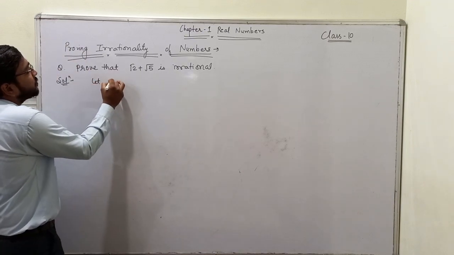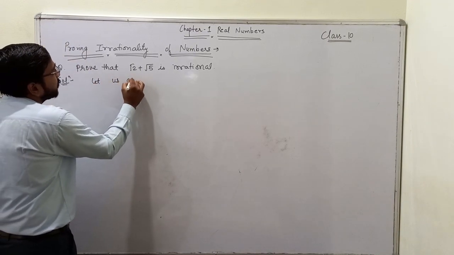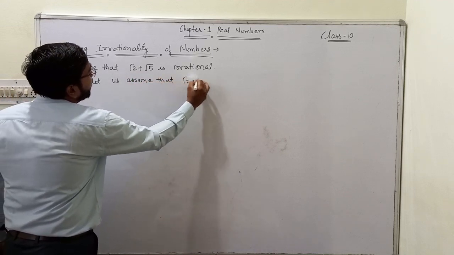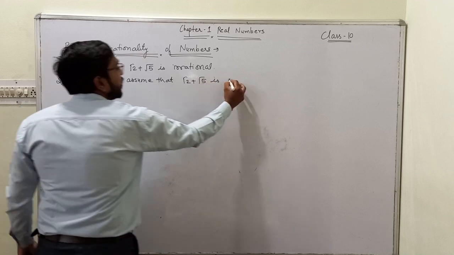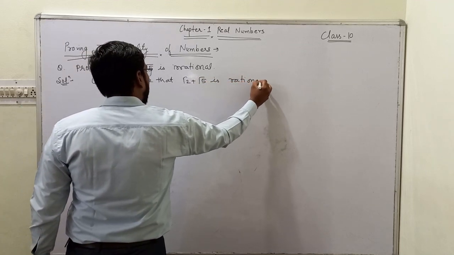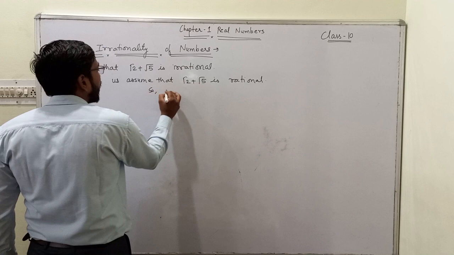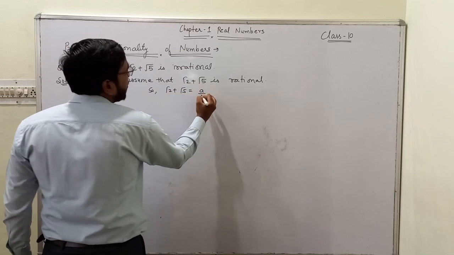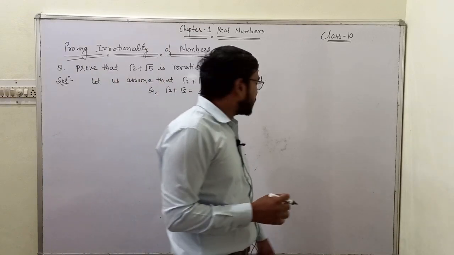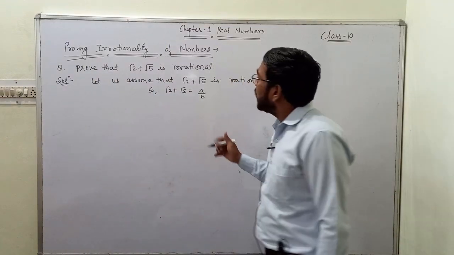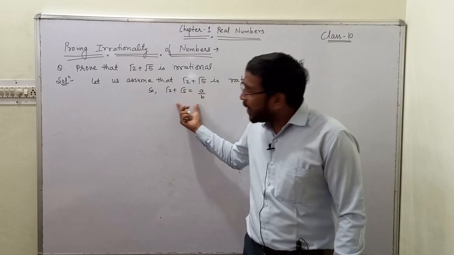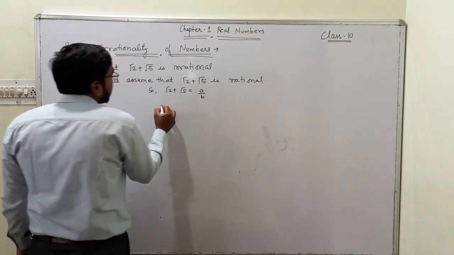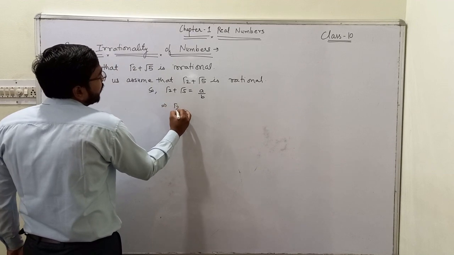So let us assume that root 2 plus root 5 is rational. So root 2 plus root 5 can be written as a upon b or p upon q, whatever expression you like. Now again squaring both sides, just like we did before, what do we get?